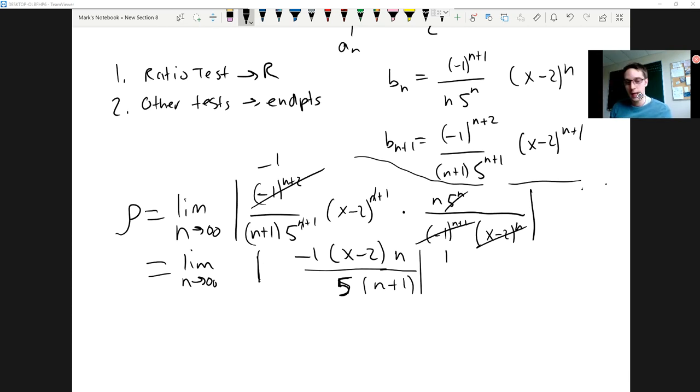Okay, and let's factor out all the stuff that does not have to do with n. Since that stuff's just a constant, we can pull it right out of our limit, in fact. So we'll have negative 1 times (x minus 2) over 5, no n's there. And if we take an absolute value, we'll just have the absolute value of x minus 2, the minus part will go away, all over 5.